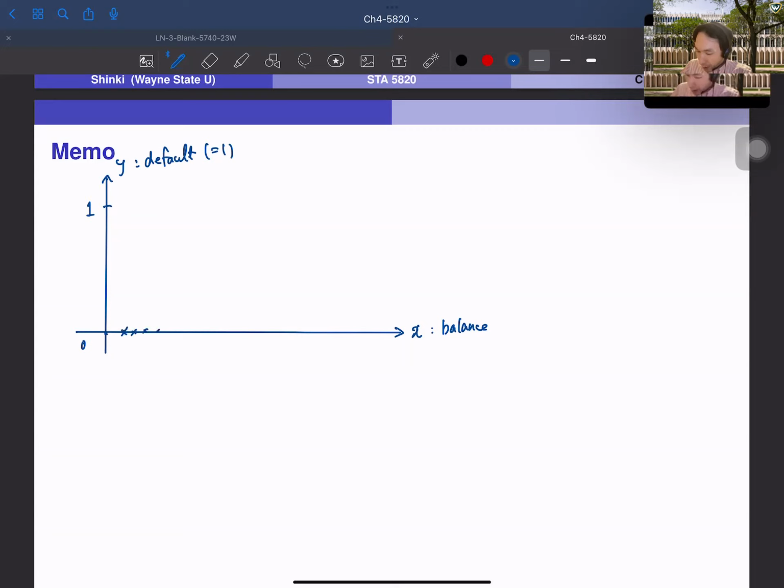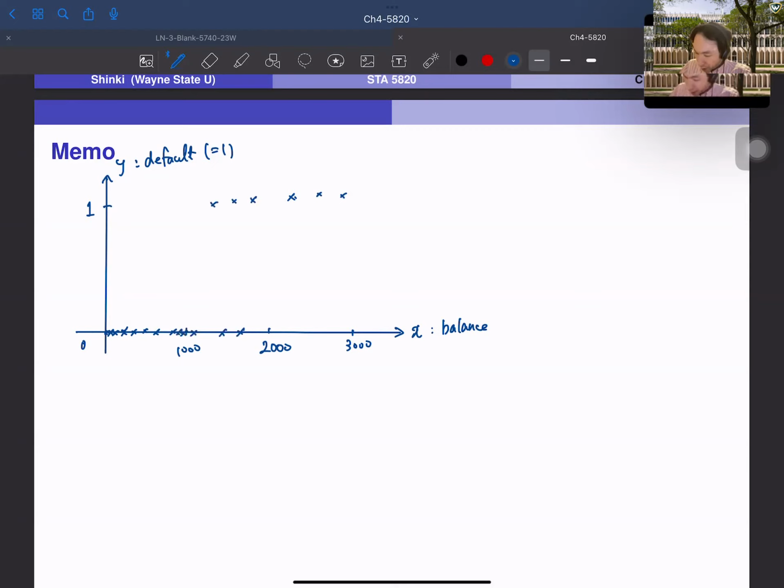So many people with smaller balance are not in default, but as the balance gets larger and larger, more people are in default. Maybe some more observations here, maybe in between both cases like this.